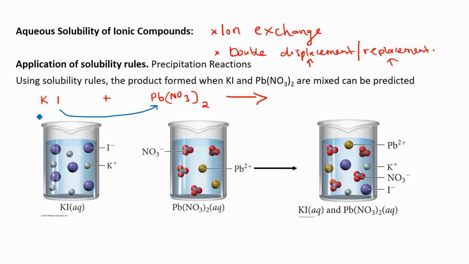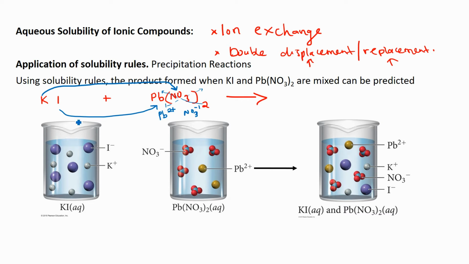That's why we call this double displacement. Remember again, the first element is usually positively charged, so lead gets 2 plus, and nitrate is a polyatomic anion, a group of elements, so it gets a 1 negative.